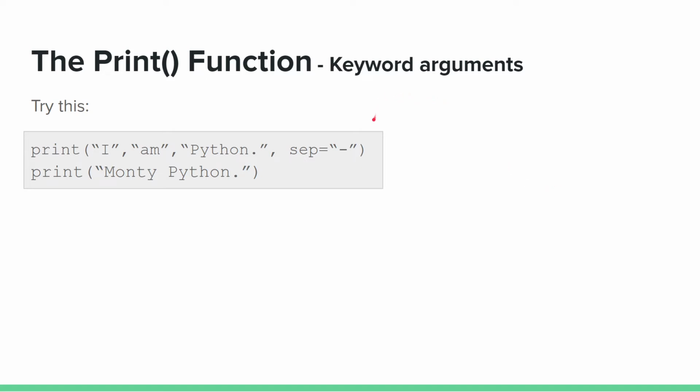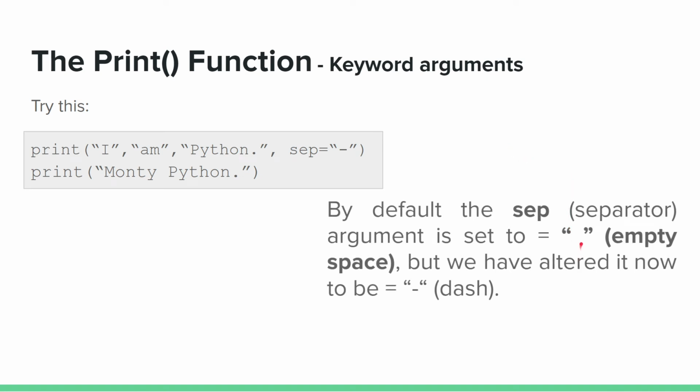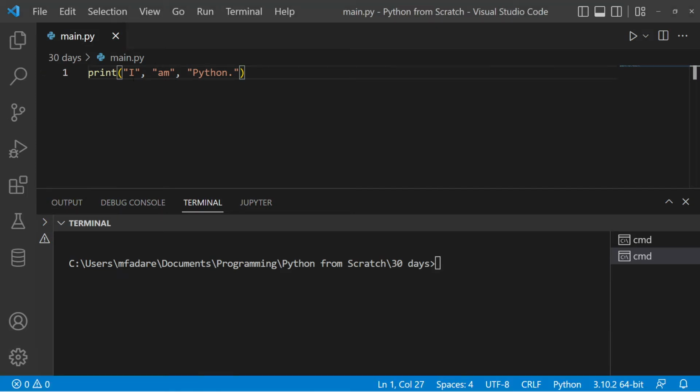It is a keyword argument and it is called sep. By default, it is an empty space that is always there. So that is why, when we have these multiple arguments, "I am Python", we're having spaces in between after running that code.